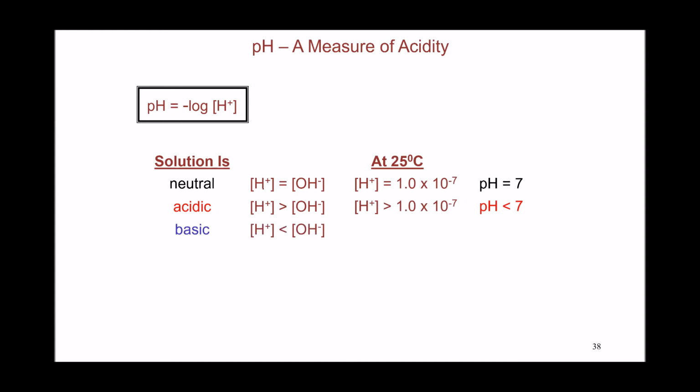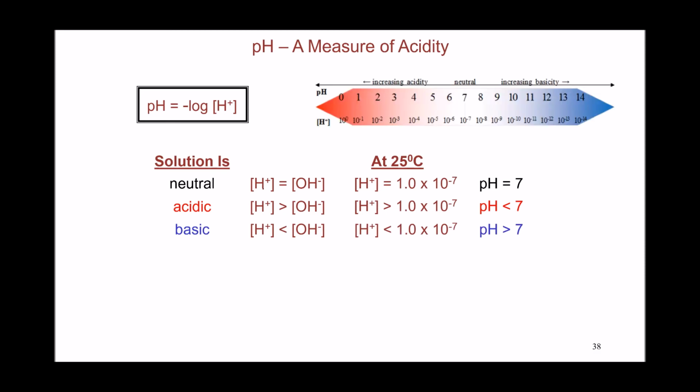If the sample is basic, that is going to mean the hydrogen ion concentration is smaller than the hydroxide ion concentration, or smaller than 10 to negative 7, and that is going to make the pH larger than 7. So that gives us a pH scale for aqueous solutions, where the hydrogen ion concentration is 10 to negative 7 in neutral samples, and if you take the negative log of this, it is going to give you 7.